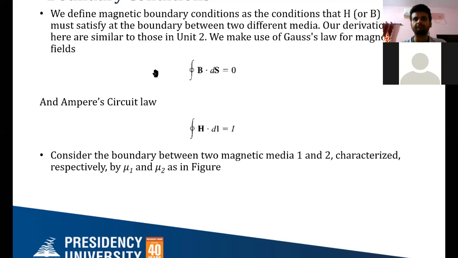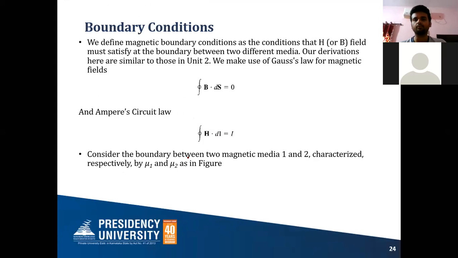But in case of magnetostatics, we have B dot dS equal to 0. So we'll be using Gauss law for magnetic fields, B dot dS equal to 0, and Ampere's circuital law, H dot dl equals I. These two concepts will be used for boundary conditions in case of magnetic field.